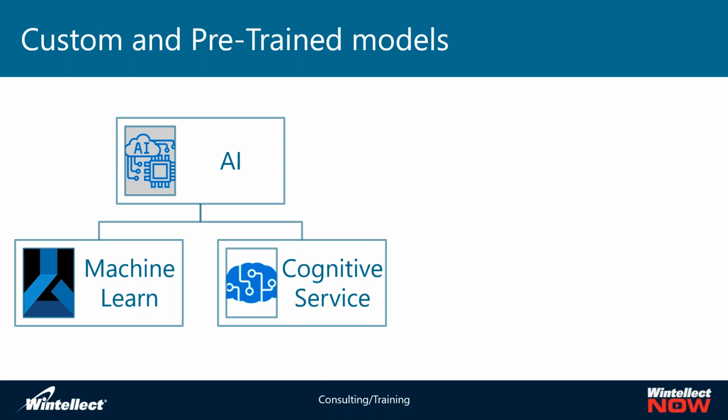So very specifically to Azure, to the Microsoft platform, when we talk AI, we will be talking about one of two things. We'll be talking either Azure Machine Learning, or Cognitive Services. What's the difference between the two?